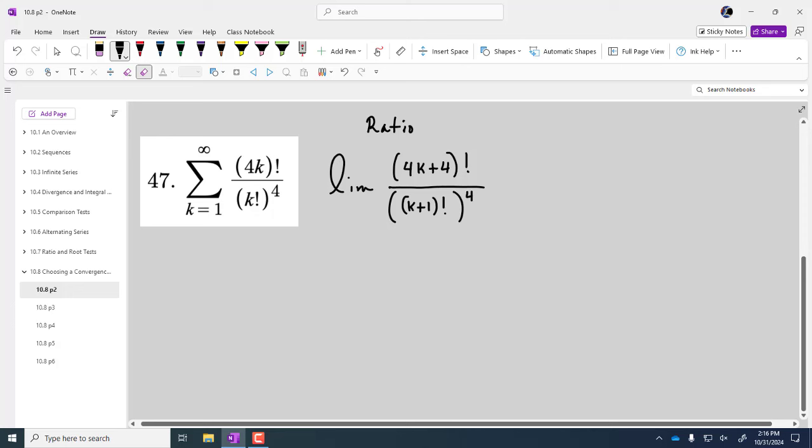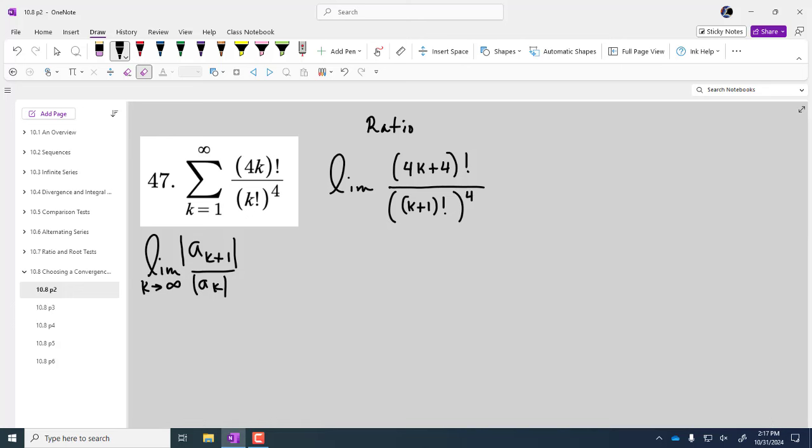So that's a sub k plus 1. I should rewrite that over here just as a reminder that we do a sub k plus 1 over a sub k in absolute value. There's no negatives here though, so we don't have to worry about it. We can take the absolute value bars away. So is everybody okay that that's a sub k plus 1?